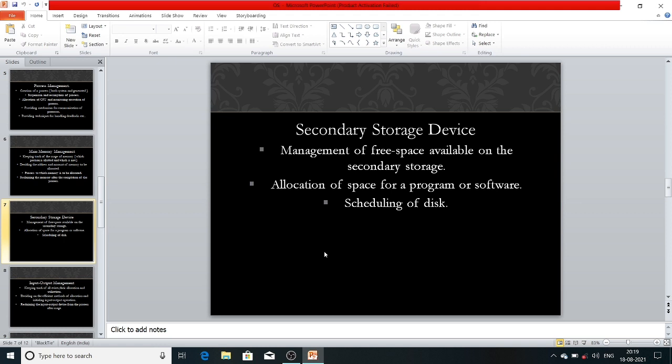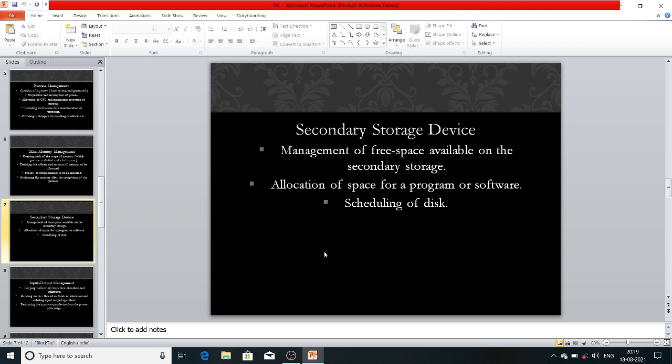All the jobs are to be stored in some additional storage devices which are non-volatile. There are functions in secondary storage device management: management of free space available on the secondary storage, allocation of space for a program or software, and scheduling of disks.